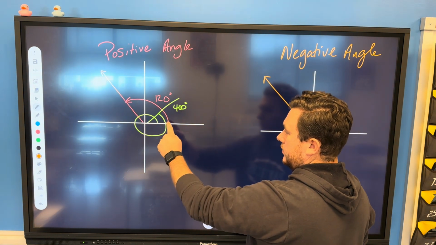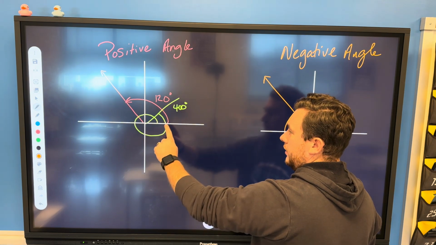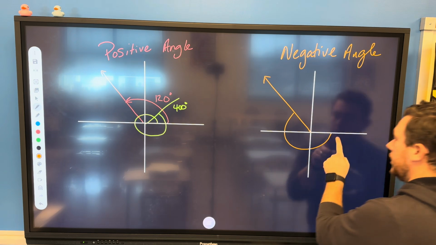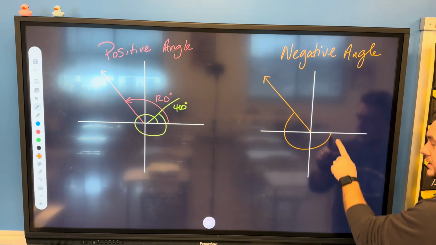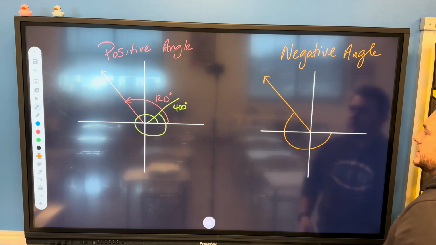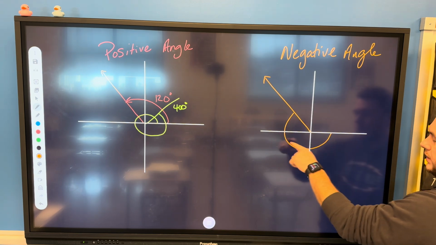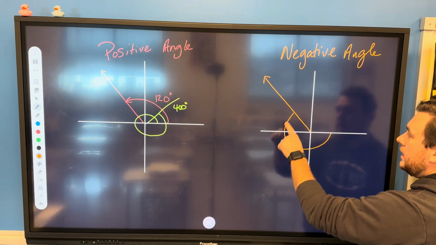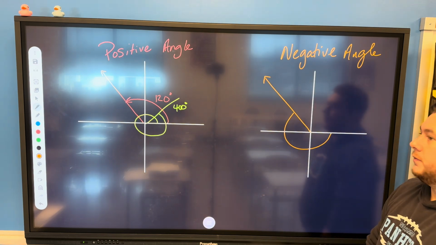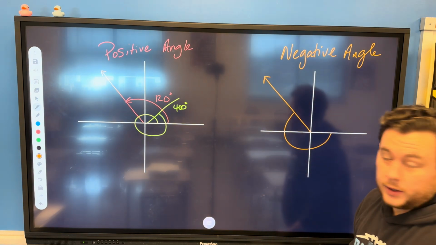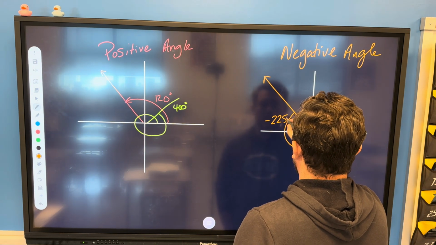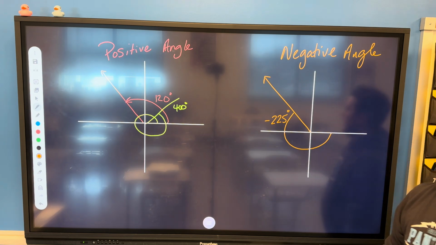Up, positive, right? Think about you're going up in the Y values, so that's positive direction. Here you're coming down in the Y values, it's a negative direction. It's kind of how I think of it. And I'm gonna make up some degree measure over there. So let's say that's 180, and let's say we went another, how about 45, so that'd be 225. So we'll say this was negative 225 degrees of rotation.